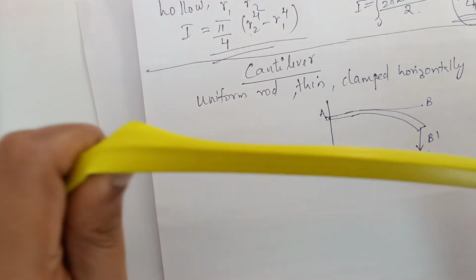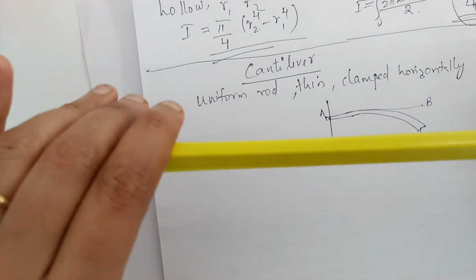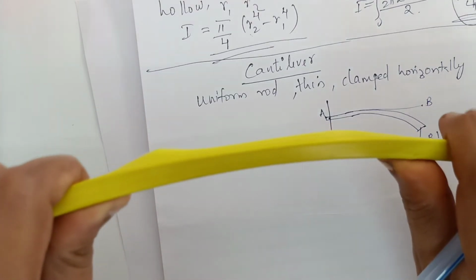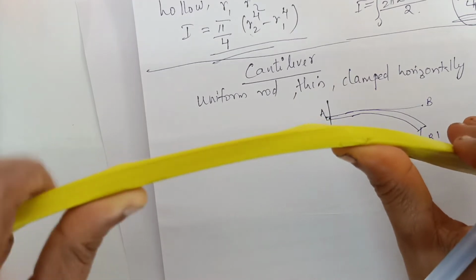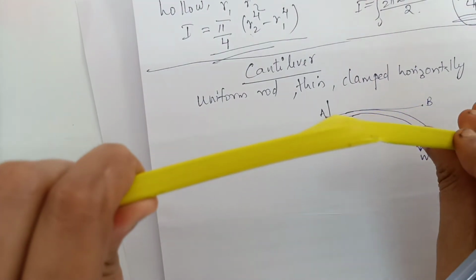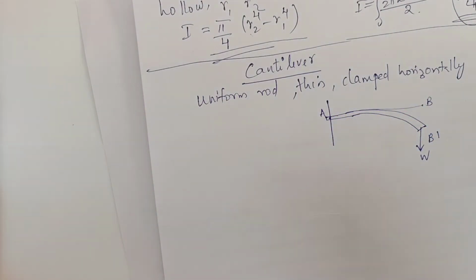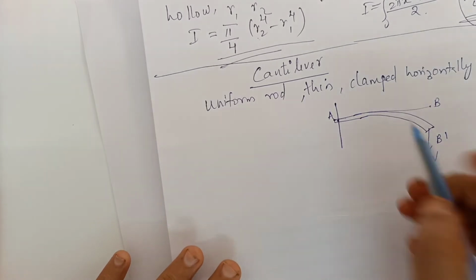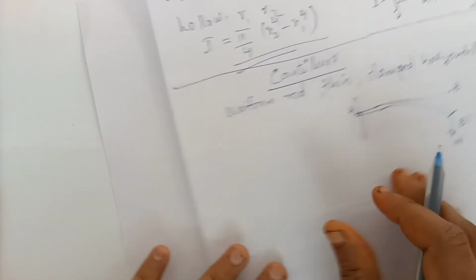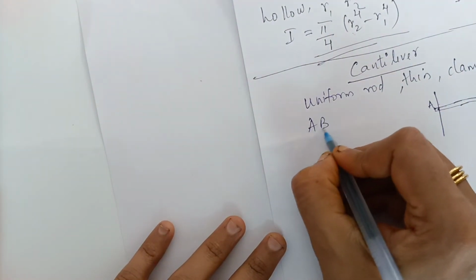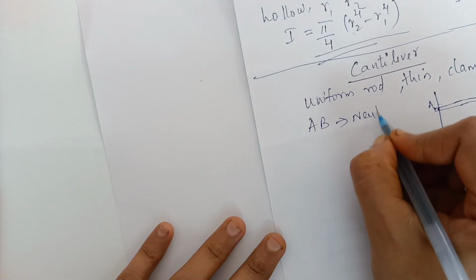It has now bent like this. This was the straight rod, and now it has been bent. One end is clamped and the other is bent. So we can call this AB the neutral axis, because nothing is happening to AB.